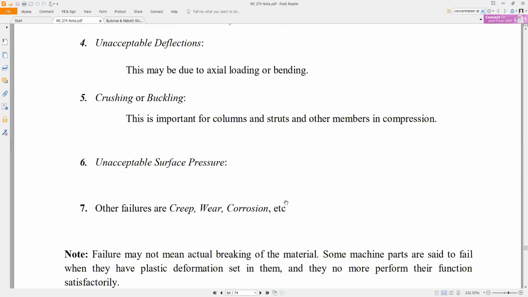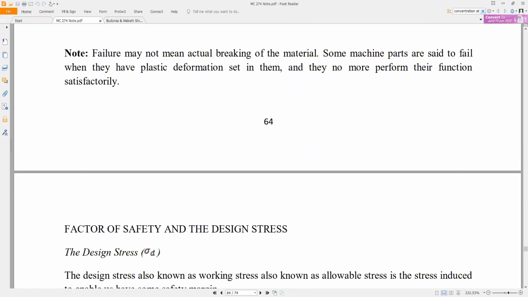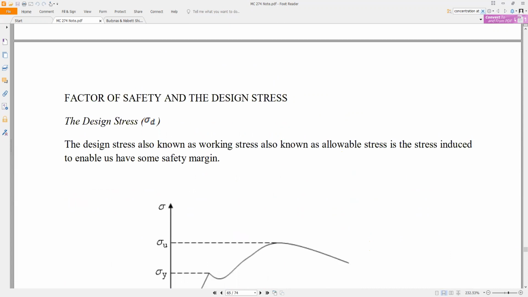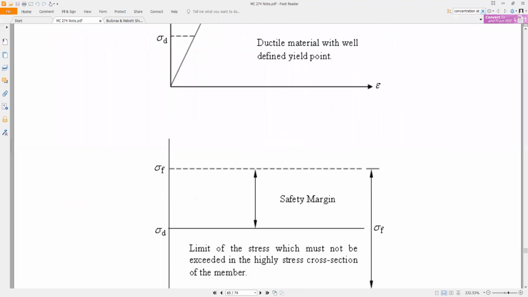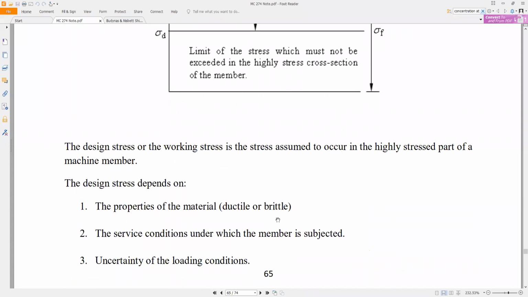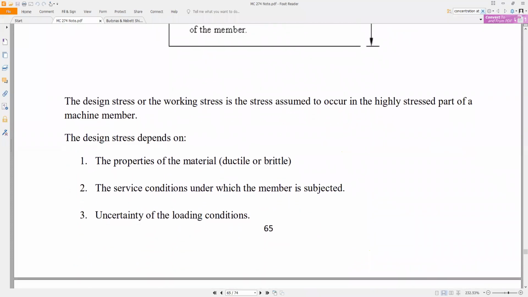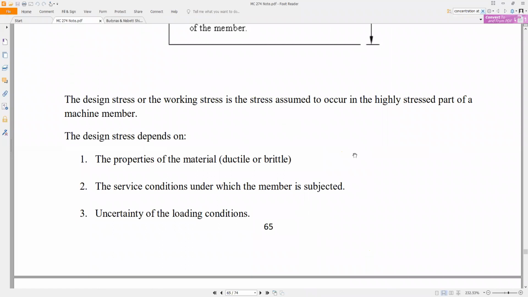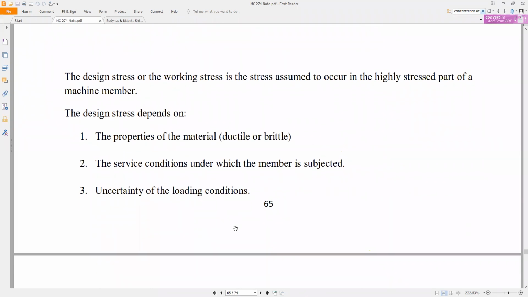Okay, and if we are able to achieve that, then we can say that the member can operate safely without failing prematurely. All right, the design stress or the working stress is the stress assumed to occur in the highly stressed part of the machine member. The design stress depends on certain things, and let's look at them.